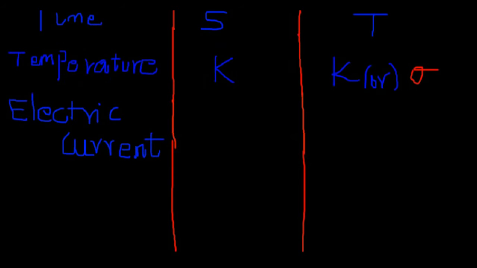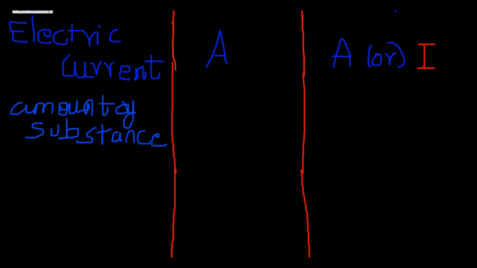The next physical quantity we will see is electric current. The SI unit of electric current is ampere, represented by uppercase A, and its dimensional formula is capital A, or simply I. The next physical quantity is amount of substance.